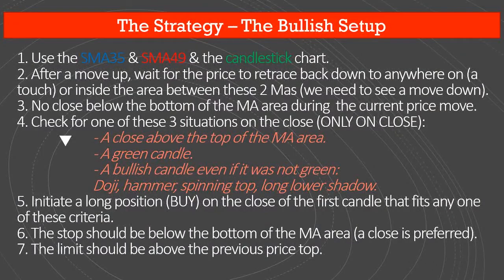On the close of each candle, we wait for one of these three situations to happen. The first thing that we will be looking for is a close above the top of the moving average area. The second would be a green candle. If we see a green candle, that's a reason for us to get in. And the third is a bullish candle, even if it was not green.